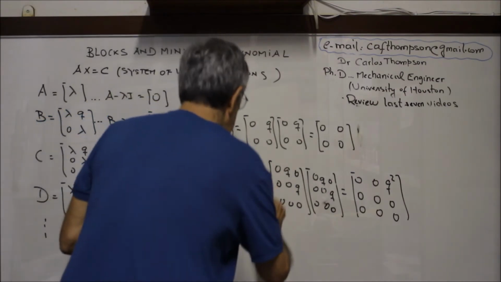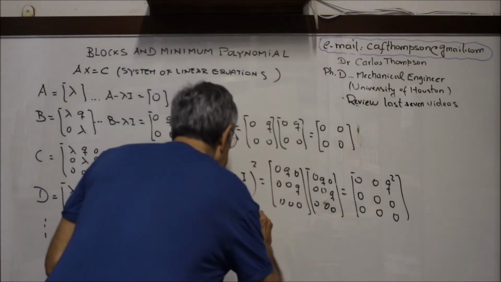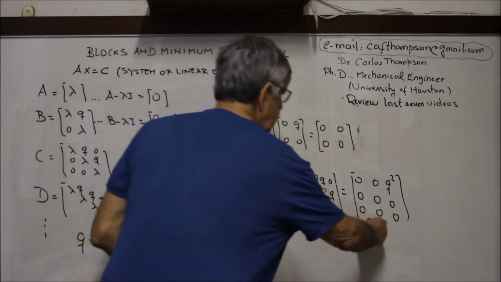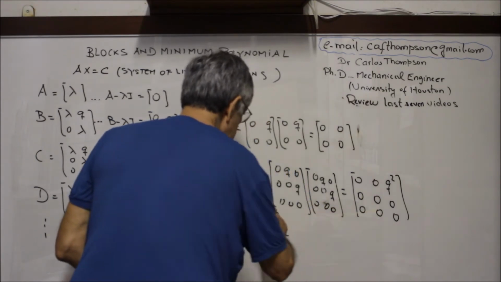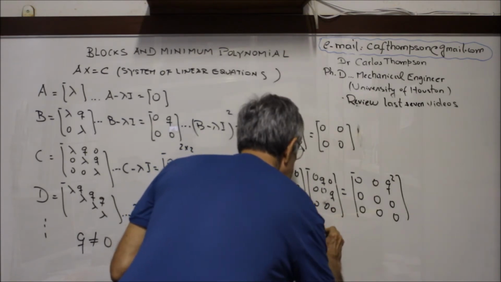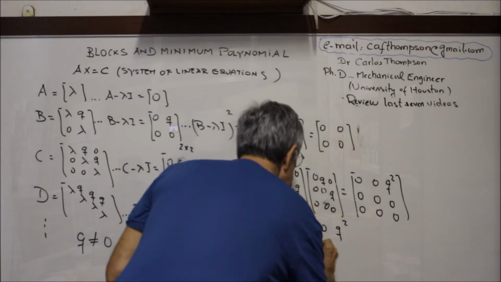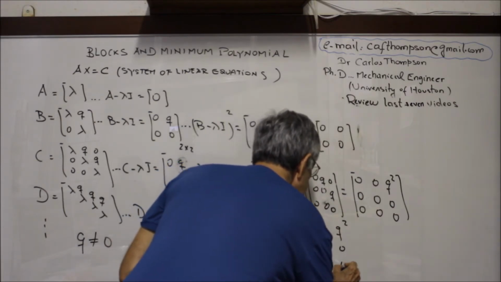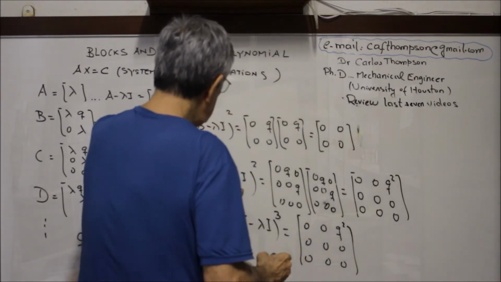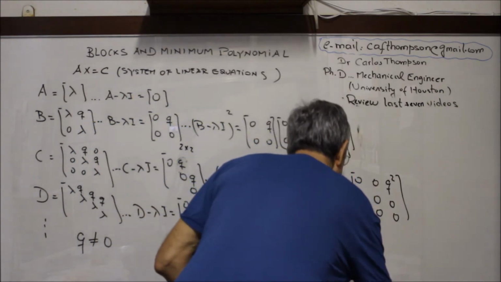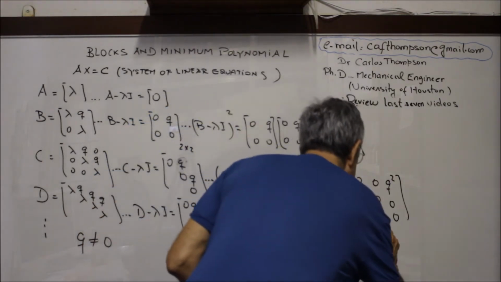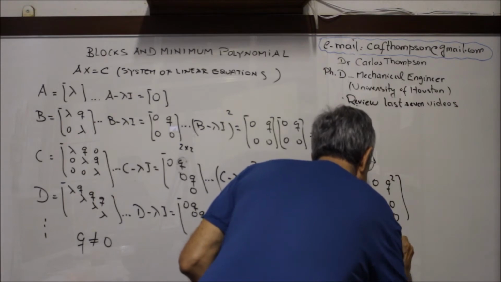But if you put this to the power 3, I'm sorry, this is the power 2, I'll repeat this: 0, 0, Q squared, 0, 0, 0, and the last row is 0, times C minus lambda I, which is 0, 0, 0, Q here and Q here.